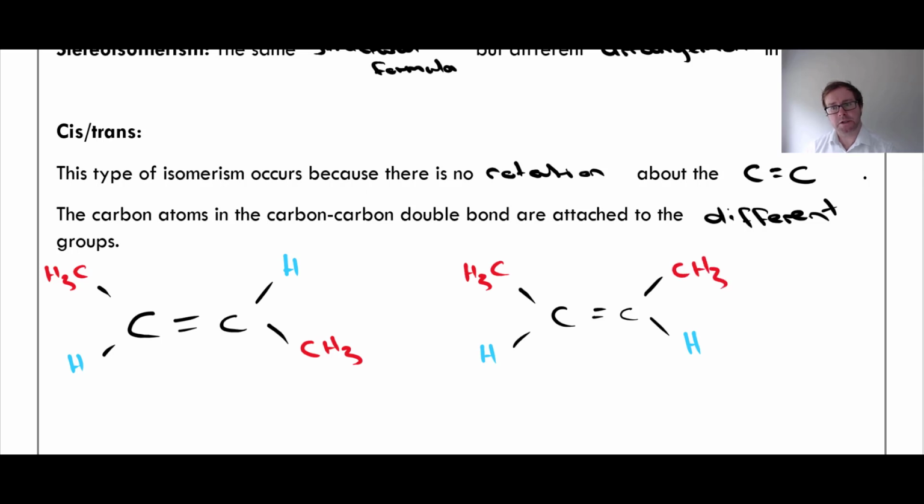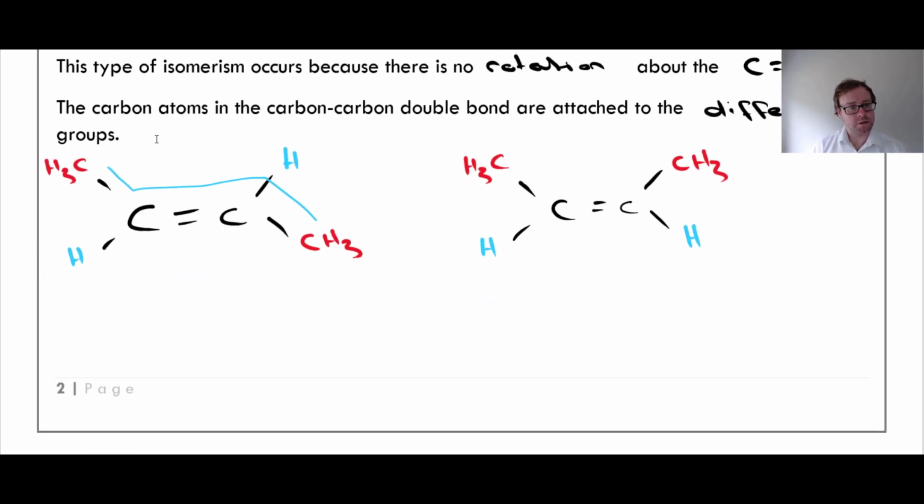Now, because there's no rotation about the C double bond C, these two molecules are different, hence why we call it cis and trans. Now, if I can draw a line between my groups going through the double bond, we call this trans.